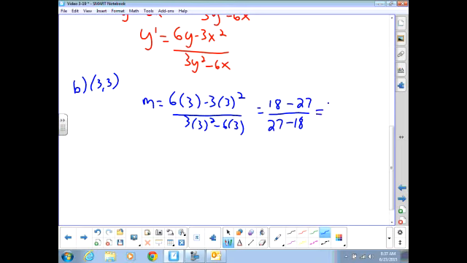Well, this is just going to give us negative 9 over 9, which is just negative 1. And that's the numerical value of our slope, which we can now easily use to write the equation of our tangent line. We'll have y minus our y value equals our slope times x minus our x value.